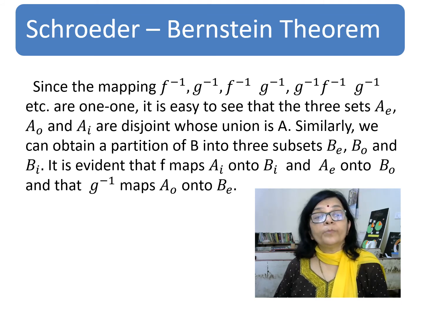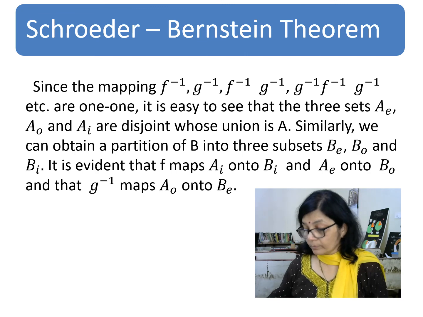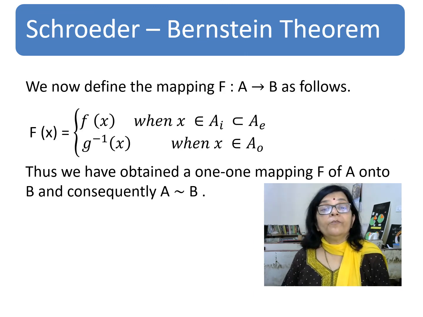Similarly, we can obtain a partition of set B into three subsets B_E, B_O and B_I. It is evident that f maps A_I onto B_I and A_E onto B_O, and that g inverse maps A_O onto B_E. We now define the mapping capital F from A to B as follows.